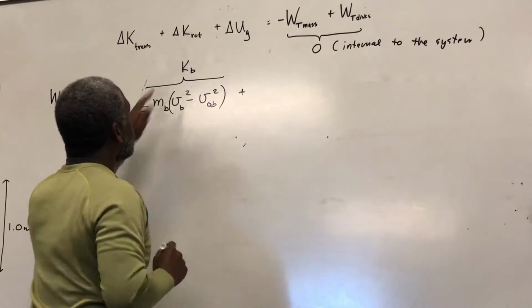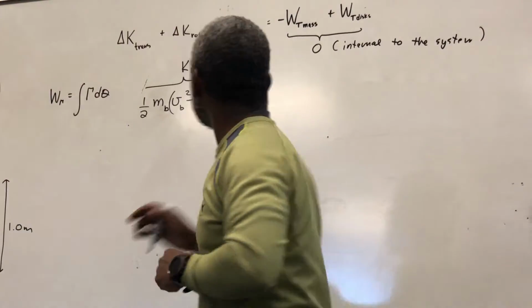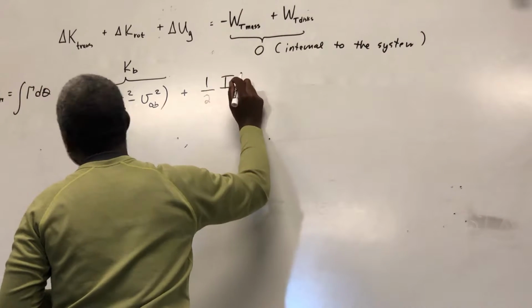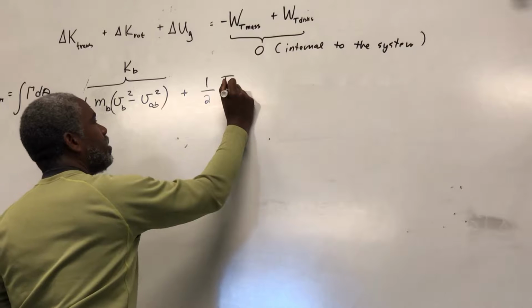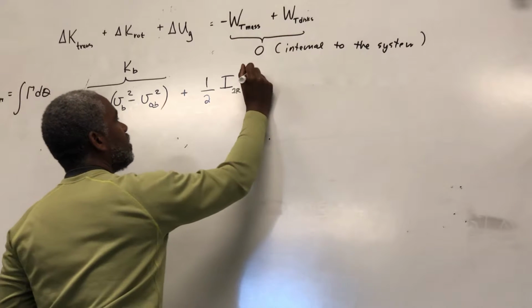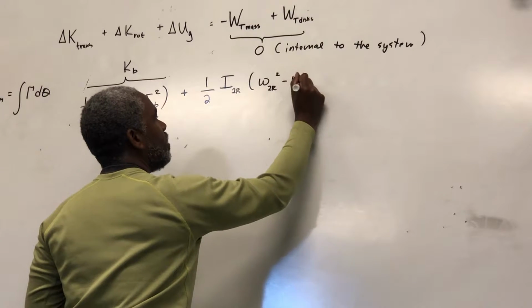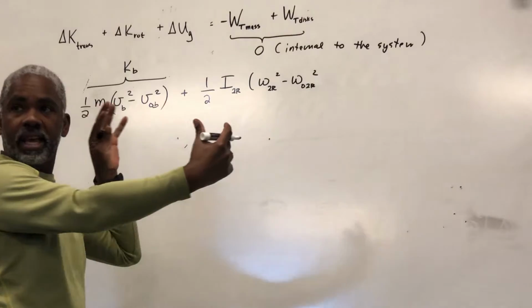And then plus kinetic energy of rotation. But we have two things rotating. We have the outer disk rotating. So let's call this rotational inertia of the 2r disk, omega of the 2r disk, minus omega naught of the 2r disk. I'm using 2r just to identify the outer disk.